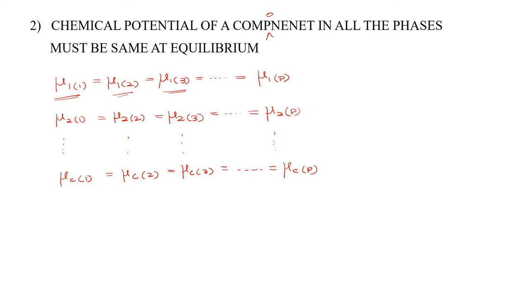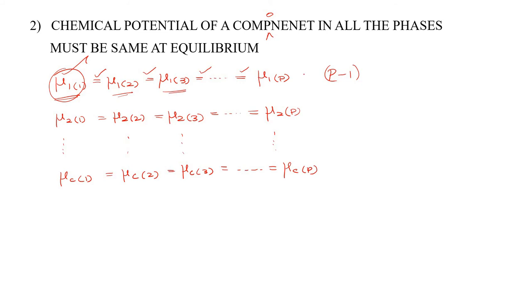And as I told you in the last lecture, see how many equal to symbols are there. Since there are p phases, there should be p minus 1 equal to symbols. So, if I know this one variable, then you need not specify the other variables.